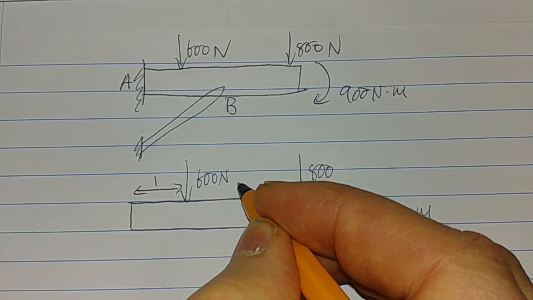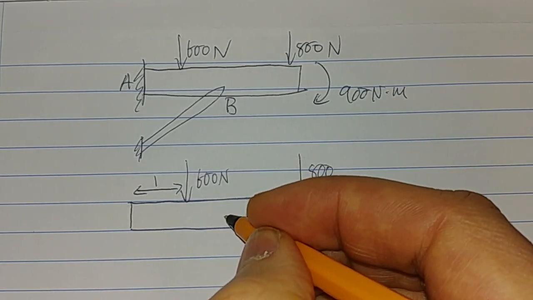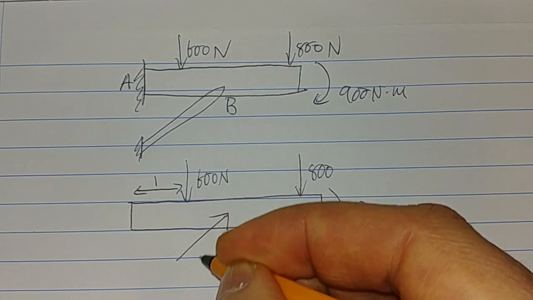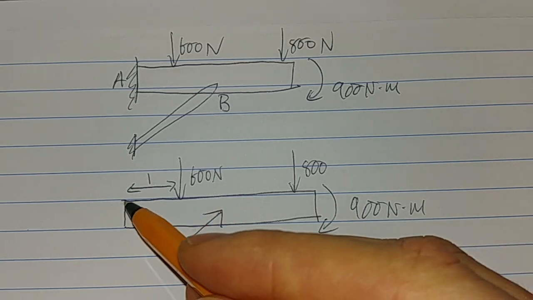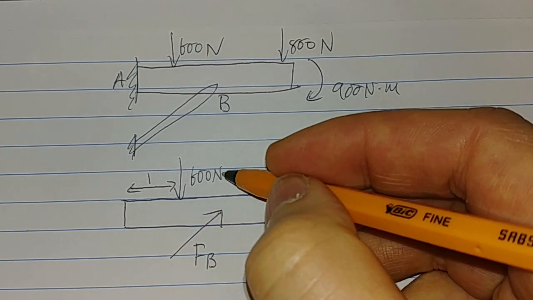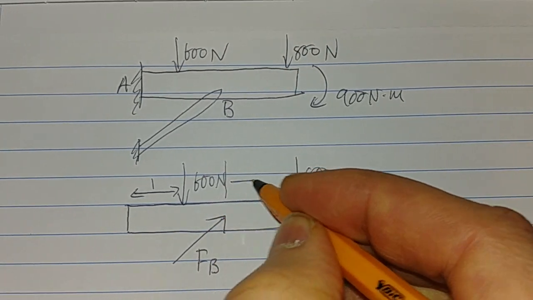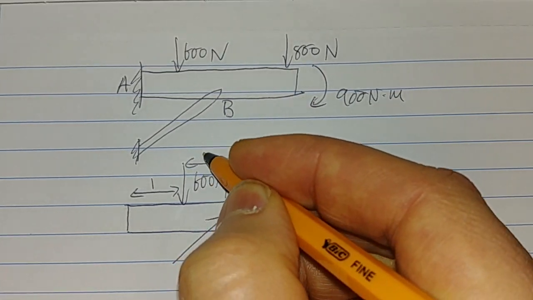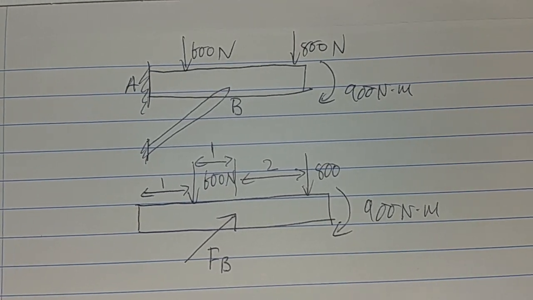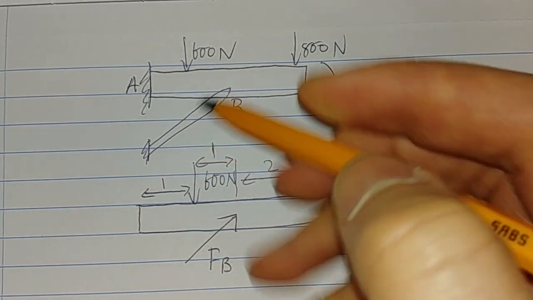This length here, and then we've got this FB, okay? That's the force of the strut onto this horizontal beam, okay? And then that distance there is 2 meters. You can just look at it in your textbook, okay? This is the 13th edition. That's also 1 meter.